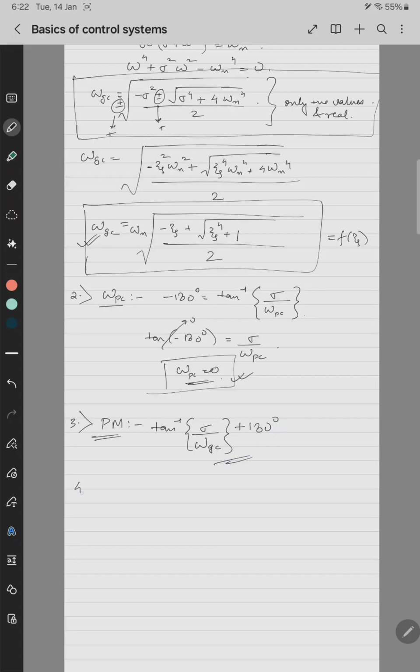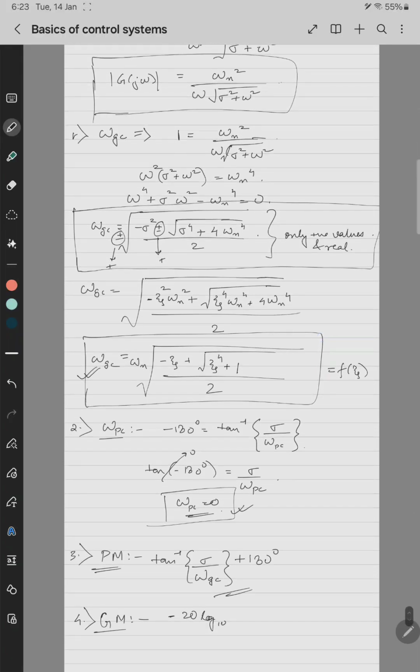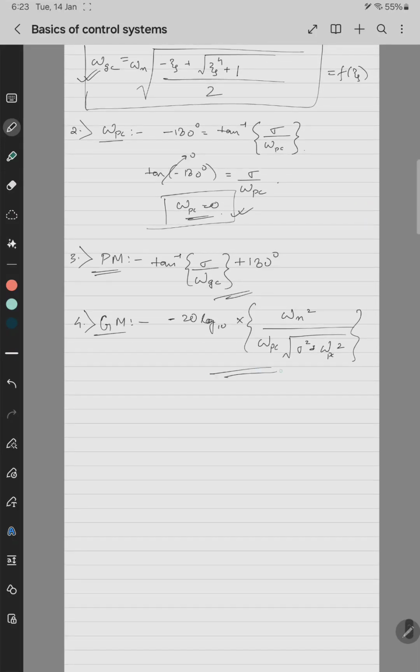This is the phase margin, and the gain margin is minus 20 log base 10 of mod of this. The mod is omega n square divided by omega pc into under root of sigma square plus omega pc whole square, taking the phase crossover frequency for gain margin. Like this we can find the gain margin.